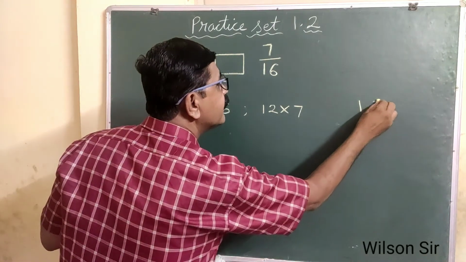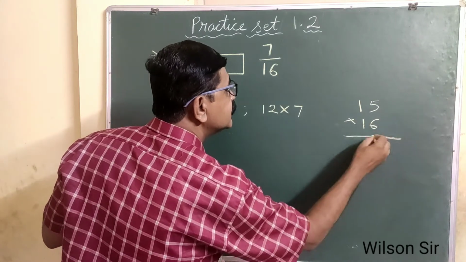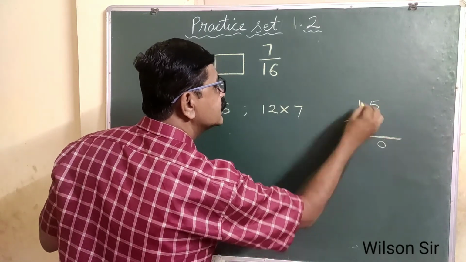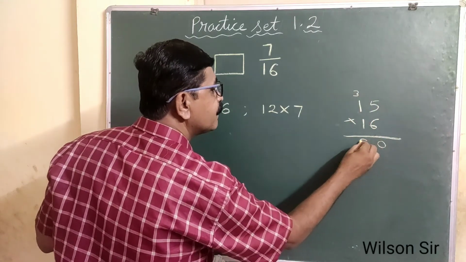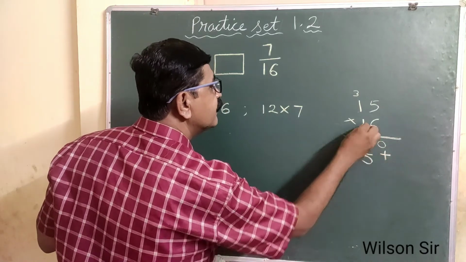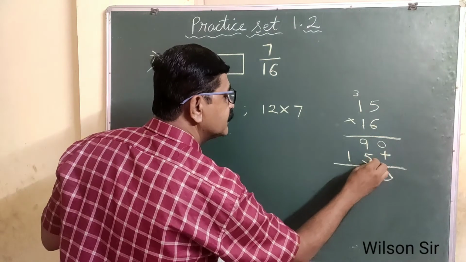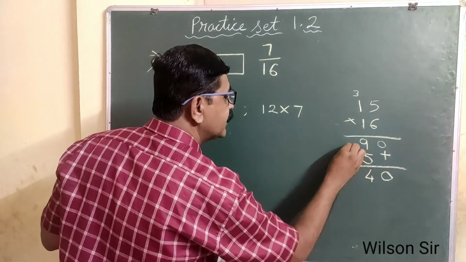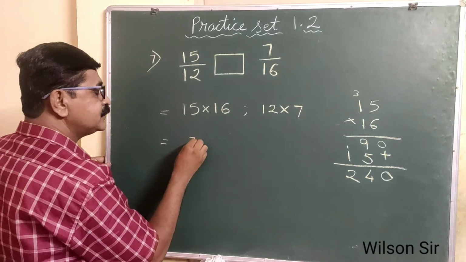You have to multiply 15 into 16. 6 5s are 30, 0, 3 carry, 6 1s are 6, 6 plus 3 is 9, then plus 1 5 is 5, 1 1 is 1, so you will get 240. So here you are getting 240.